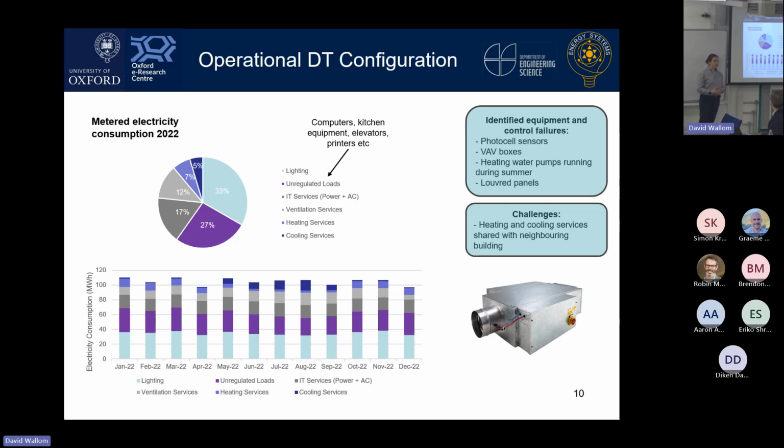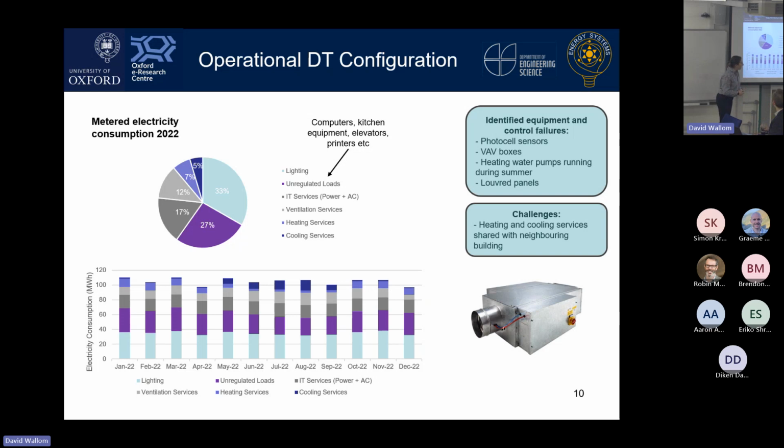The Andrew Wiles Building is quite modern in a sense that it has 4 submeters per floor, each metering power on one side and lighting. So very high level of disaggregation in the metering data, which allowed me to clearly identify the energy consumption of each energy service provided. So heating, cooling, ventilation, lighting, and unregulated loads, which is everything like computers, kitchen equipment, and whatnot.